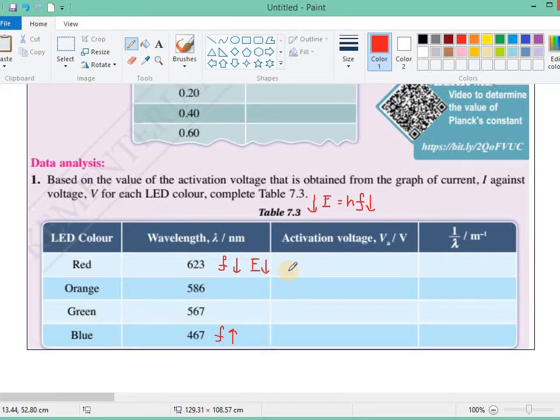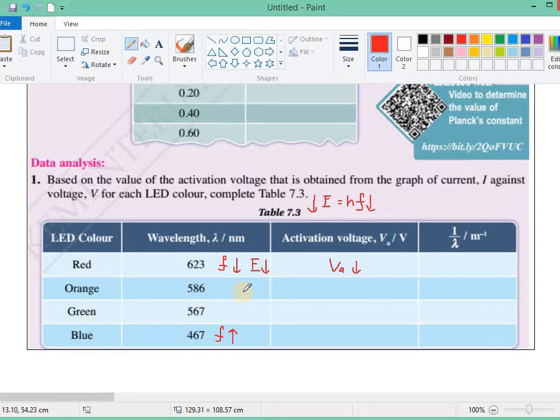So you don't need a high activation voltage, because if the activation voltage is higher, that means more energy is supplied to the LED. Okay, get the idea? So if the frequency is low, the energy of the photon is low, so you don't need a high activation voltage. The activation voltage will be low.